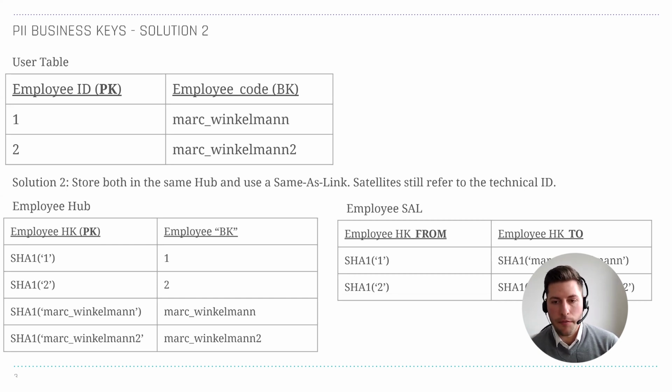And most people know this same-as link approach anyway. So we have just one additional table, and we do this passive integration part and map within the hub from one entry to another, and this just needs to be recognized when querying the data, and you're done.